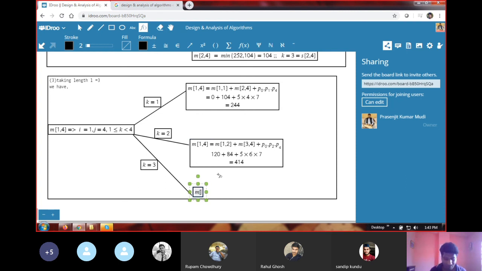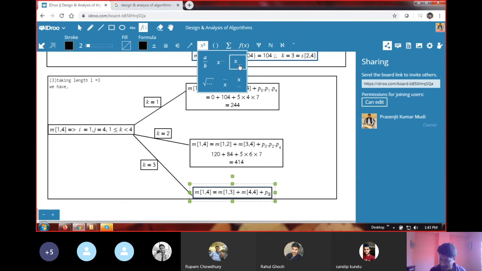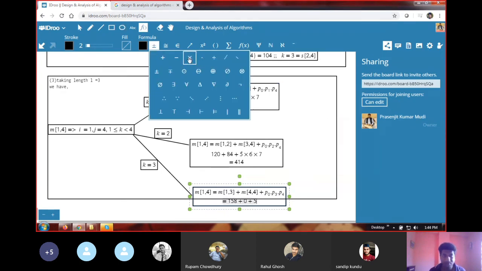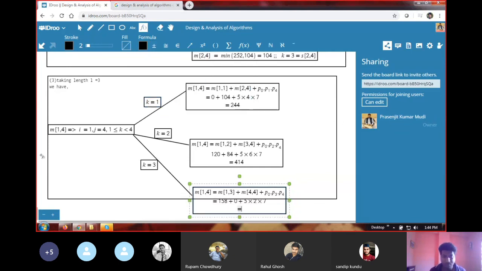So this is zero. Enter 1 3 is cross 3, which cross is equal to 70.